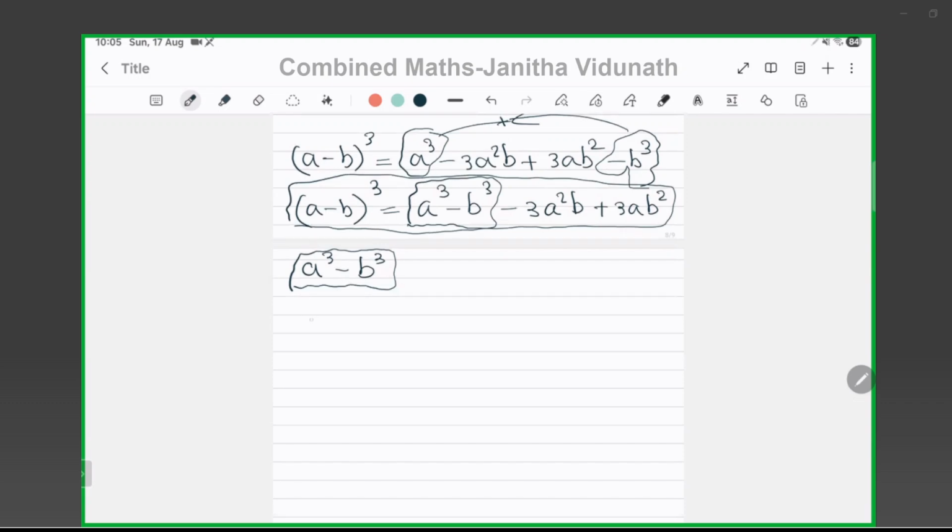Here, we get a cube minus b cube as (a minus b) whole cube plus 3 times a square b minus 3 times ab square.